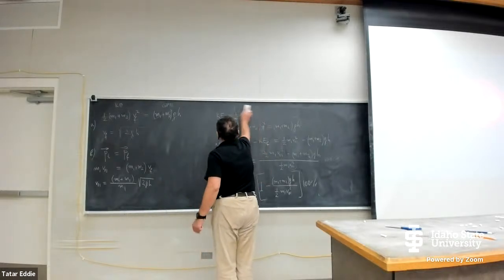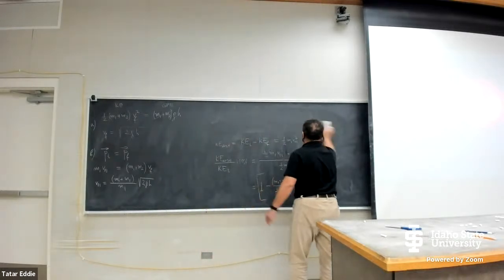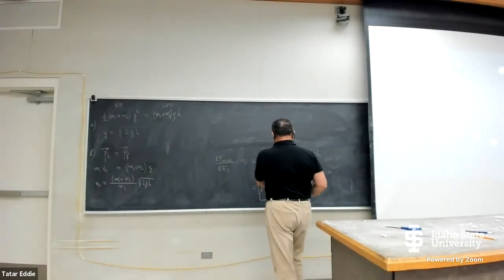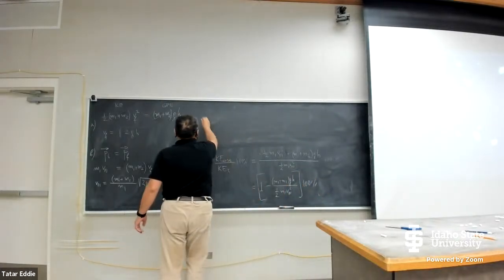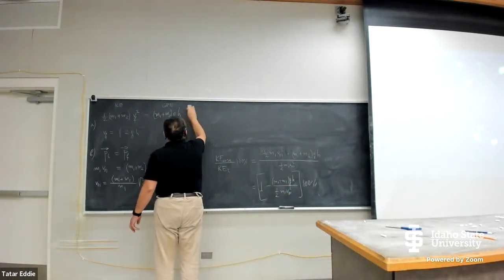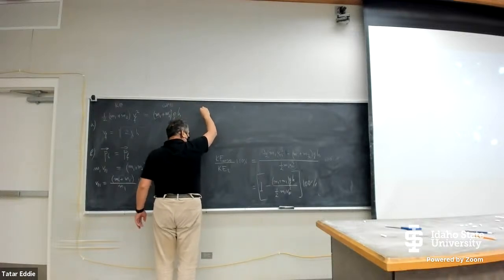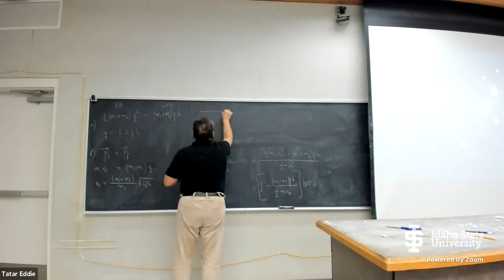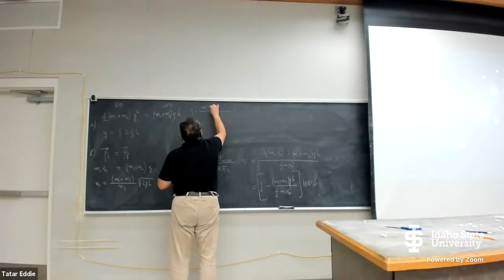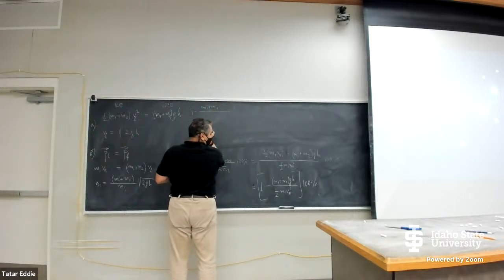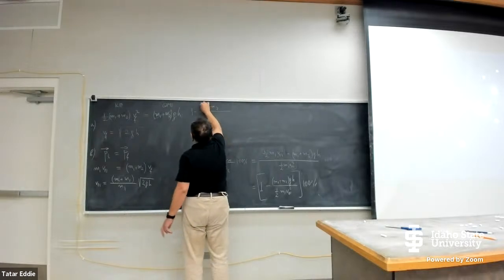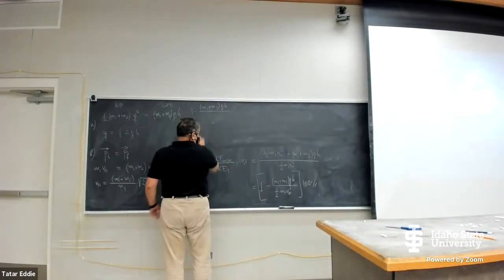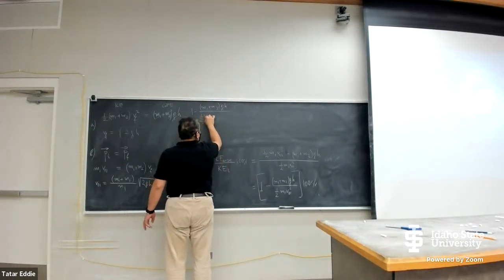Let's do it here. When you substitute here, the number that you're looking for is going to be 1 minus (M1 plus M2) times GH divided by 1/2 M1.